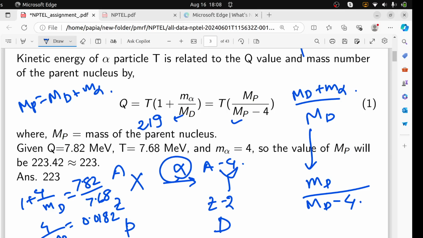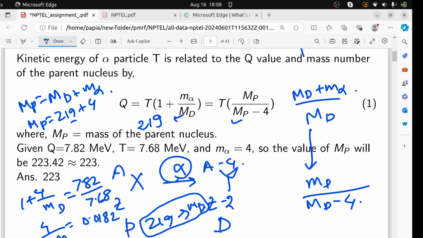So m d will be 4 divided by that answer, which is 219. If m d is 219, then m p will be 219 plus 4, that is 223.